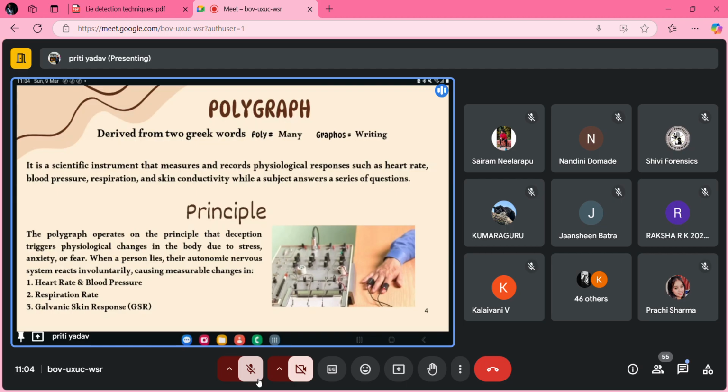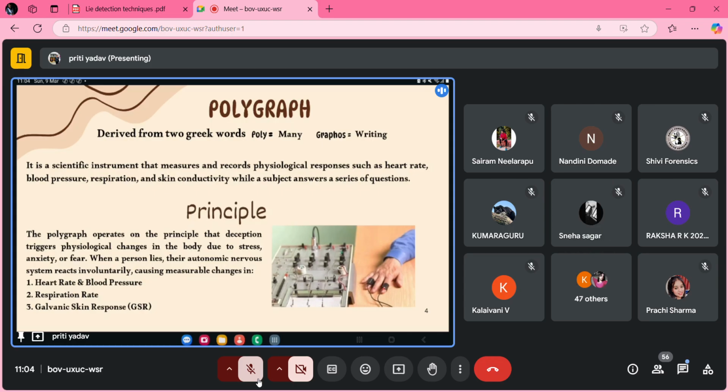Okay, moving on to the next slide. Polygraph: this word derives from two Greek words. Poly means many and graphos means writing. It is a widely used technique that measures physiological responses like heart rate, blood pressure, and sweating.